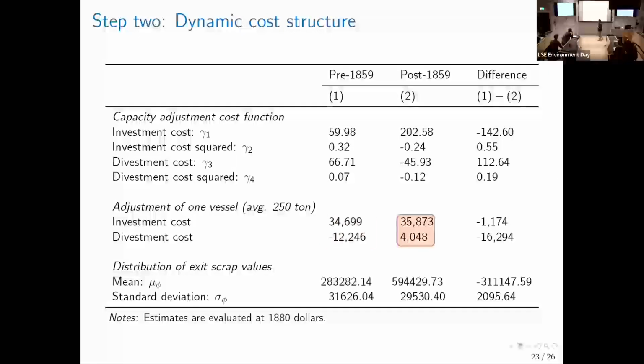And this situation becomes more severe in the post period. Now, when they divest, they even have to pay a little bit. This is because the industry profitability reduced a lot. So basically, nobody wants to buy whaling vessels, which became really hard to sell.